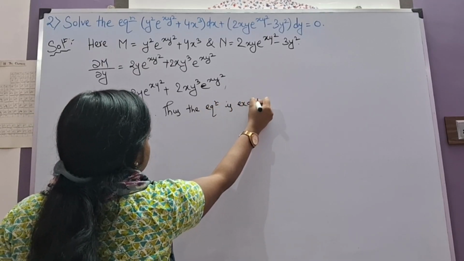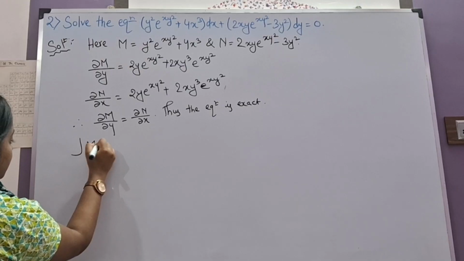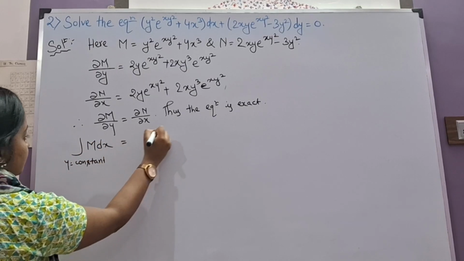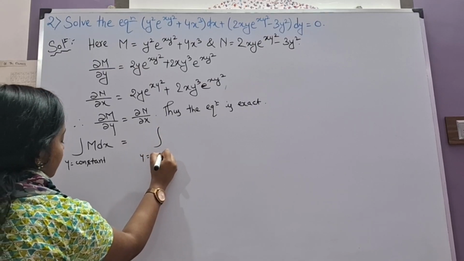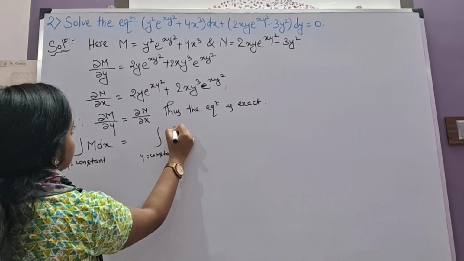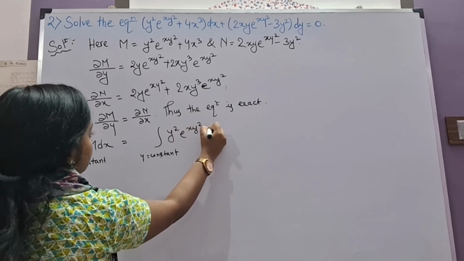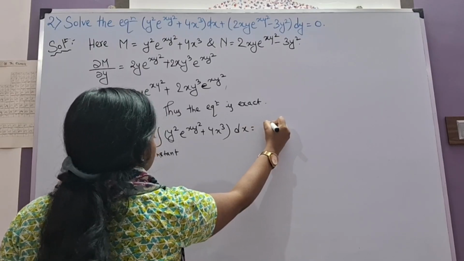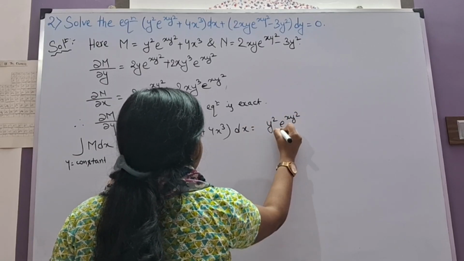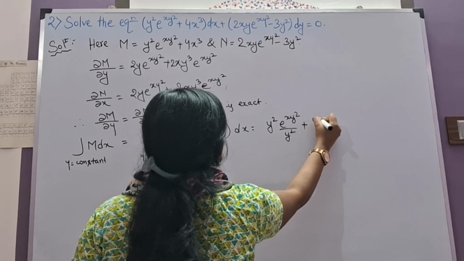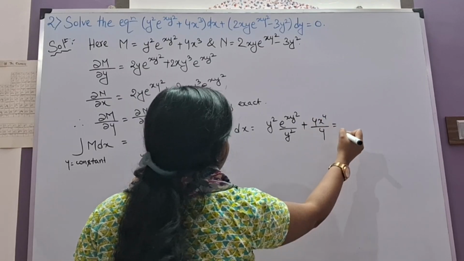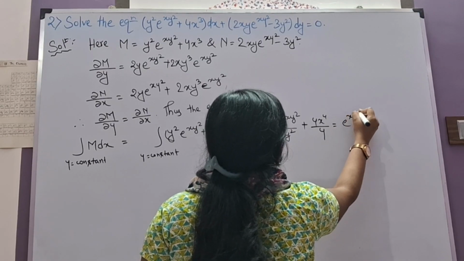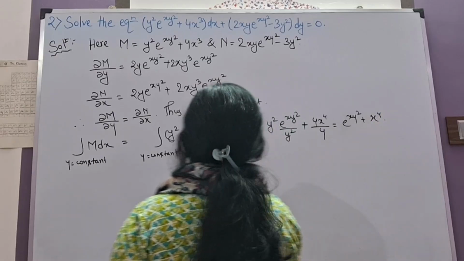Thus the equation is exact. Now integration of M dx when y equal to constant is equal to integration of y square e to the power xy square plus 4x cube dx, equal to y square e to the power xy square by y square plus 4x to the power 4 by 4, equal to e to the power xy square plus x to the power 4.